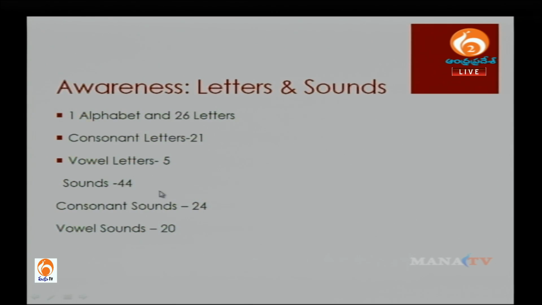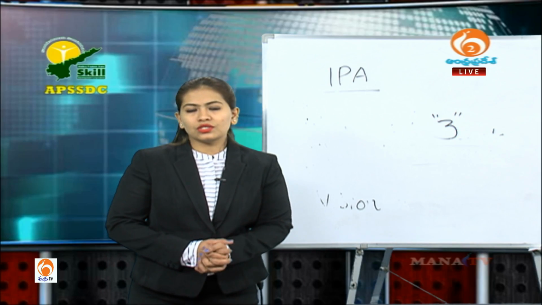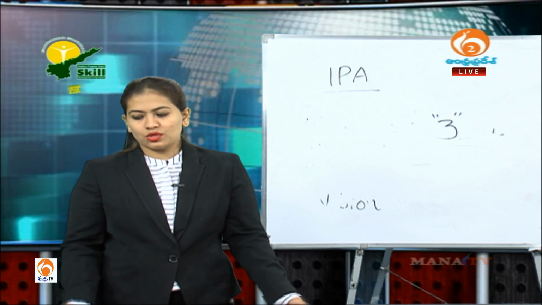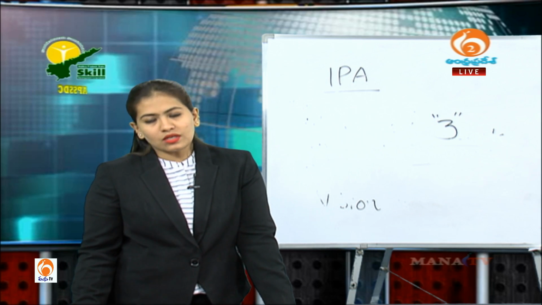Likewise, under sounds we have 24 consonant sounds and 20 vowel sounds. So all this gives us the information that it is important for us to not just get introduced to the sounds and letters, but also practice towards it to be a good communicator.